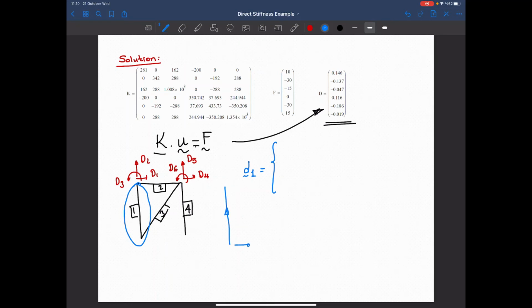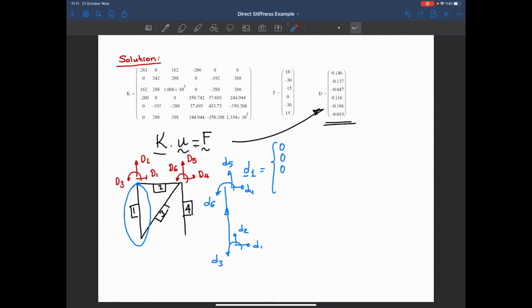That will be D1, D2, D3, D4, D5, and D6. Okay, so how much displacement do I get in the D1 direction? I have a fixed support here, so they are all 0. So D1 is 0, D2 is 0, D3 is 0.